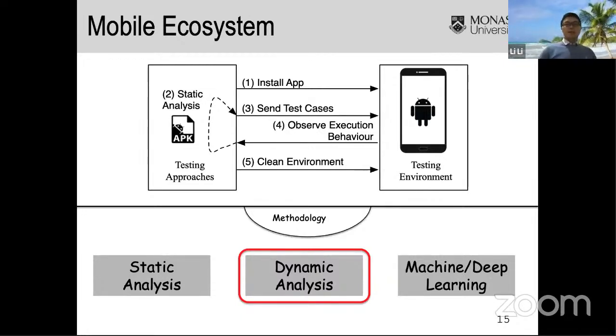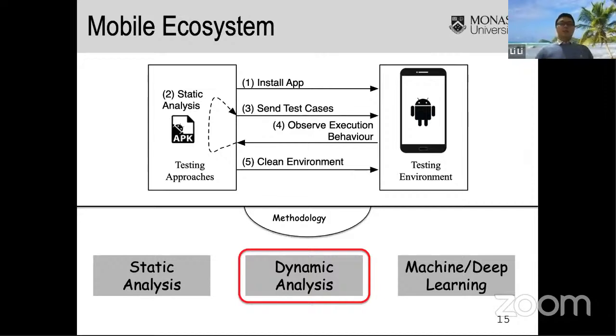And dynamic analysis, which is sometimes also known as dynamic testing, mainly aims at really testing the app. The simple methodology of dynamic testing involves installing an app on a real device, generating some test cases, and sending those test cases to actually run the app under test.